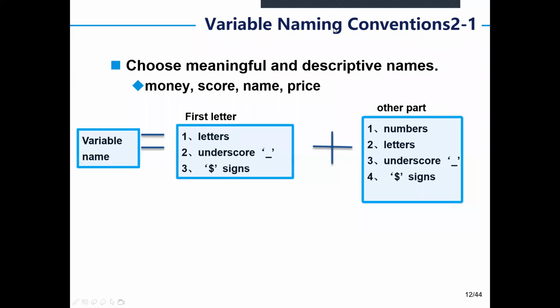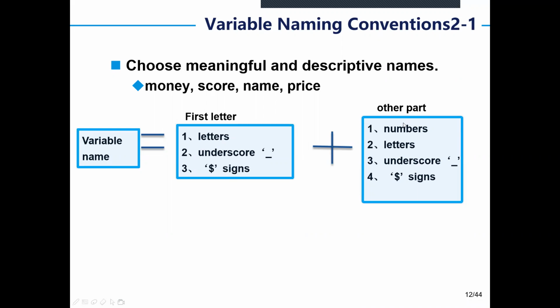As the variable naming conventions are concerned, first we should choose meaningful and descriptive names. For example, money, score, name, and price. Note that the first letter should be a letter, underscore, or dollar sign.